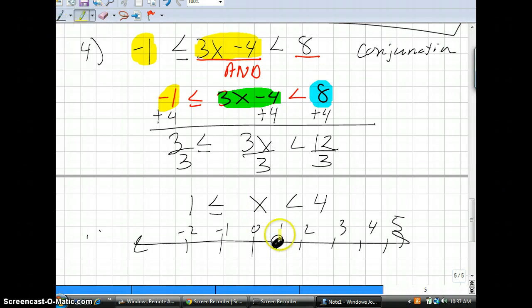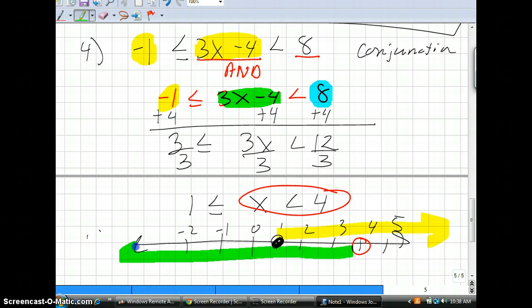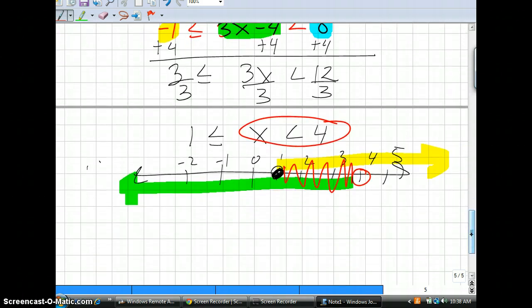And greater than means I'm going to go this direction. Then this says x less than 4, so that's going to be an open circle on 4, and x has to be less than, so I'm going this direction. Now notice that this is where they're both true all the time, so that's our solution.